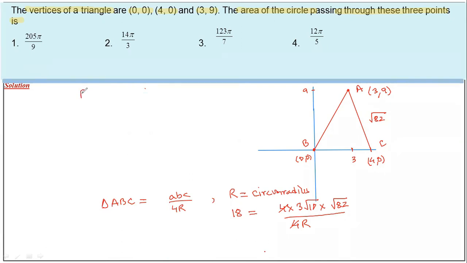So from here we get R as root 10 into root 82 by 6.